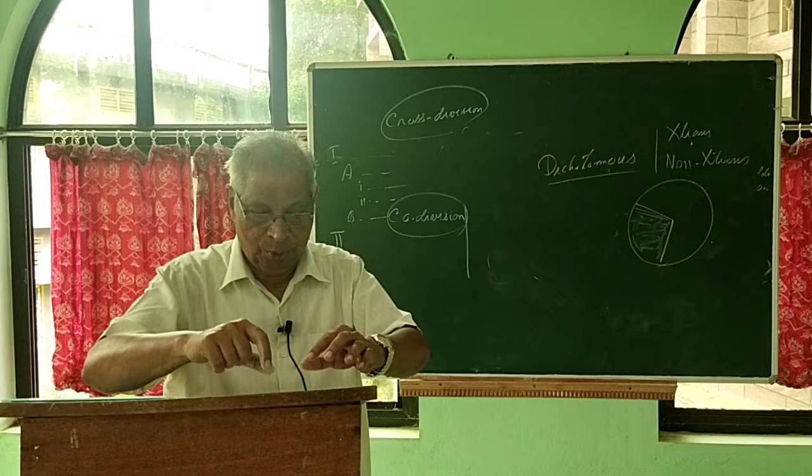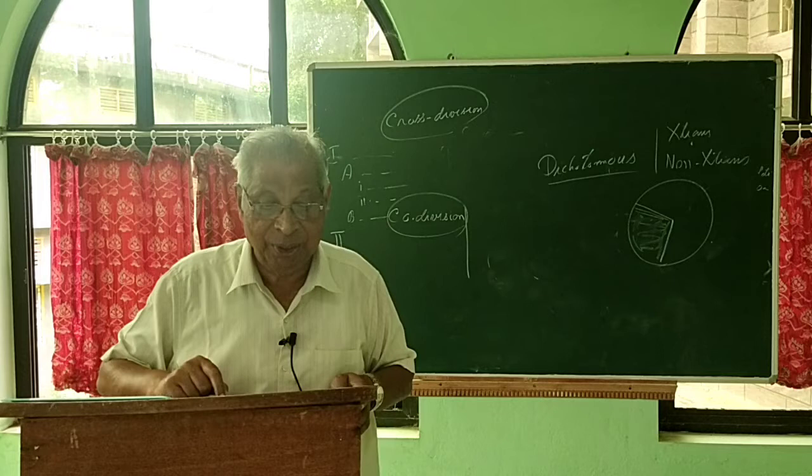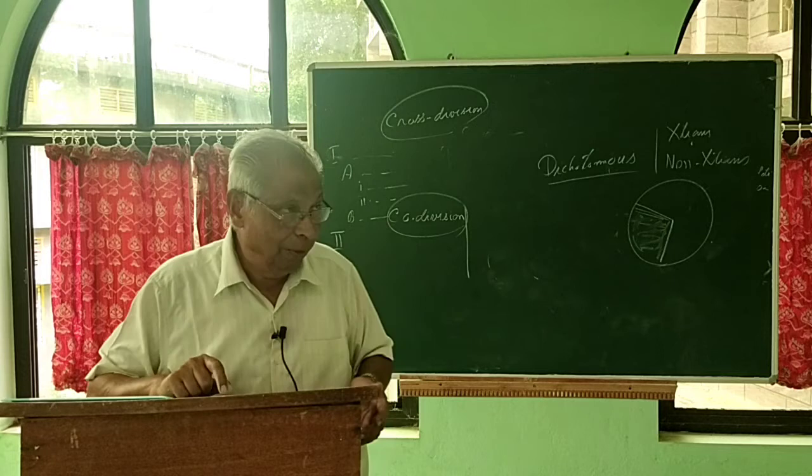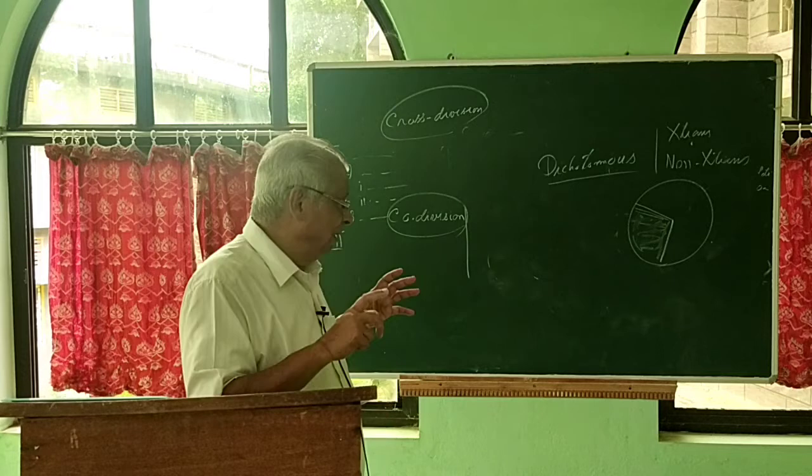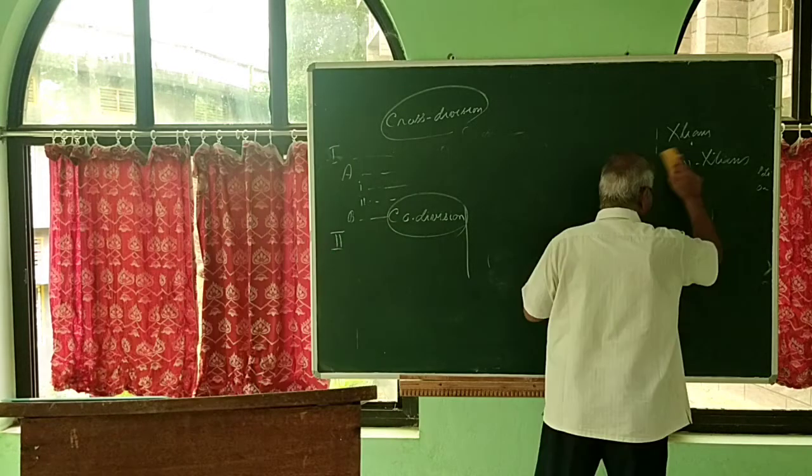Now, it will come again. I have taken point by point. Here I am putting them together and then we are taking point by point. Now here the most important distinction between division and classification is this.